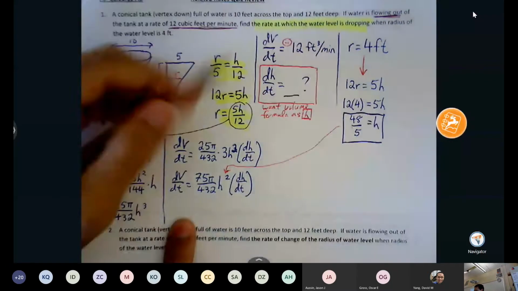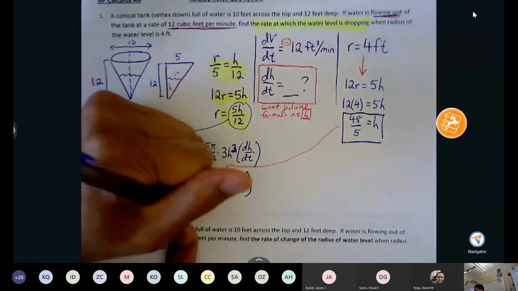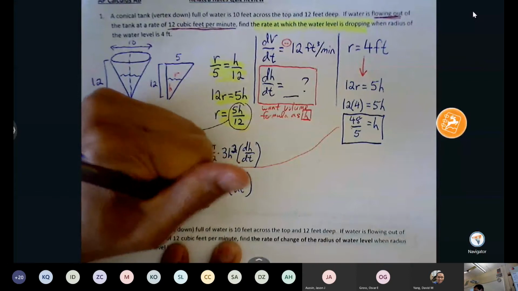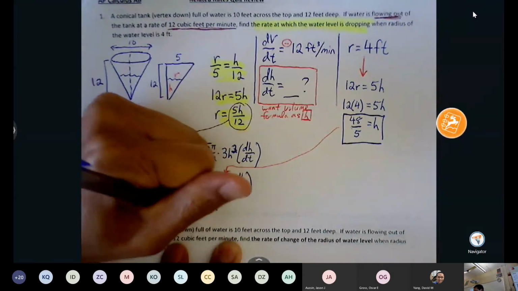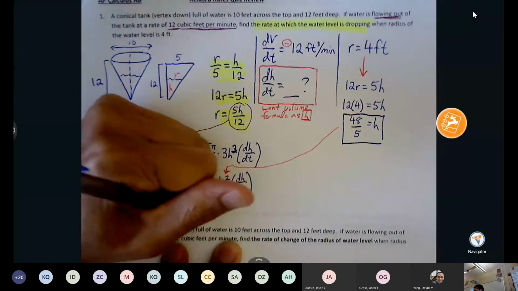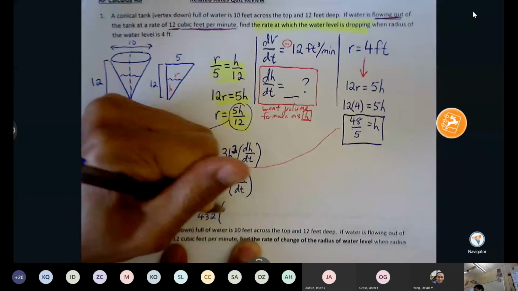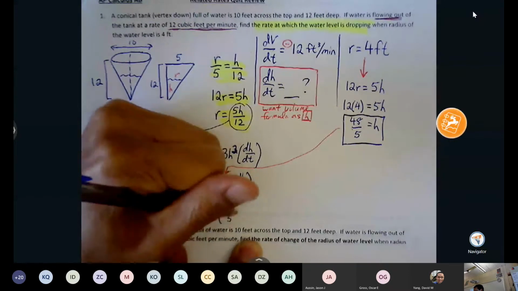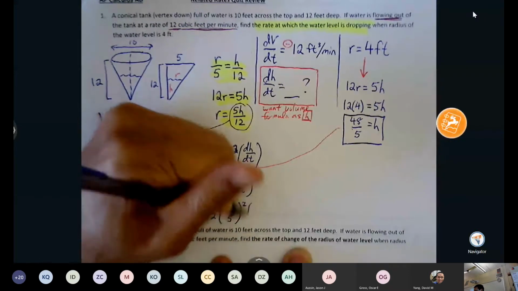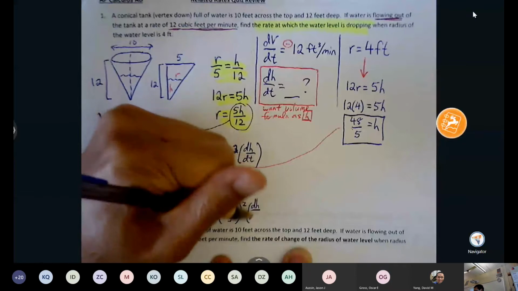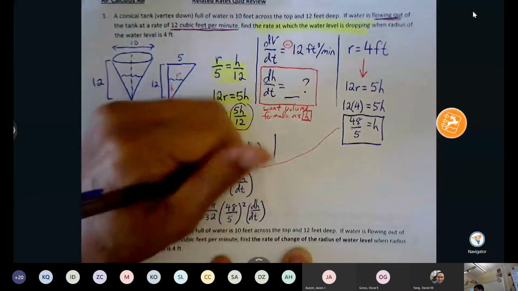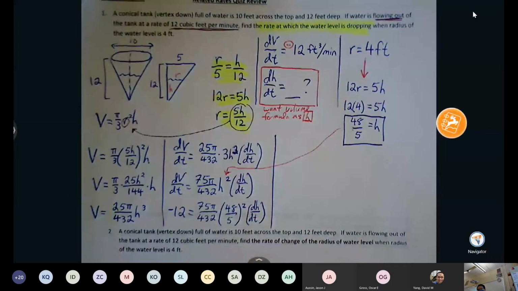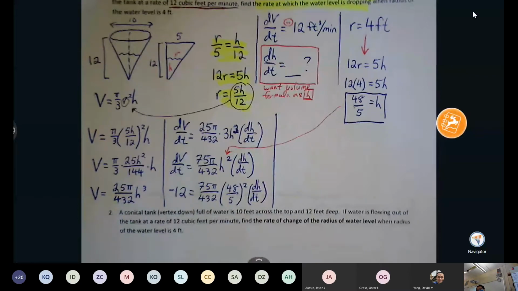Okay, dV/dt. Okay, these are large numbers, a little messy, but we have our calculator, so just take it a piece at a time and work your way down. Again, hang on to pi.